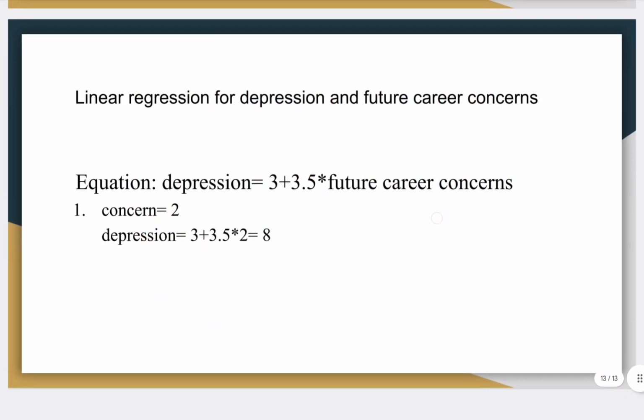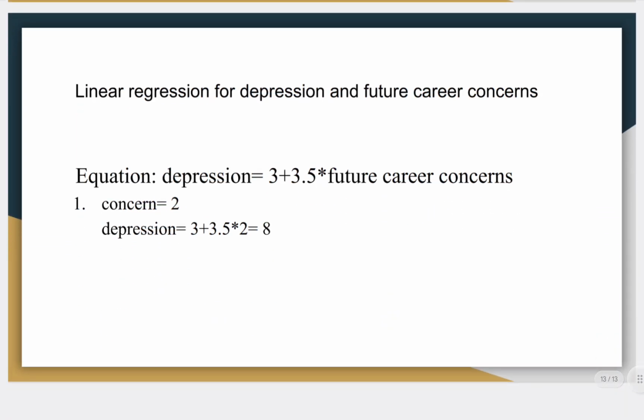Also here is the second linear regression for depression and future career concerns. The equation is depression equals 3 plus 3.5 times future career concerns. So let's say concern is 2, depression will be equal to 10. So the higher the concern, the higher the depression will be.